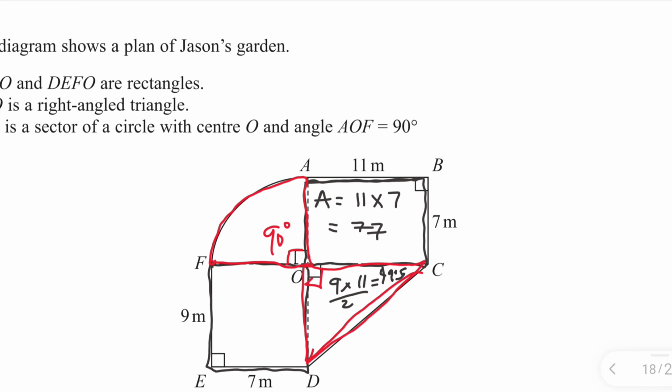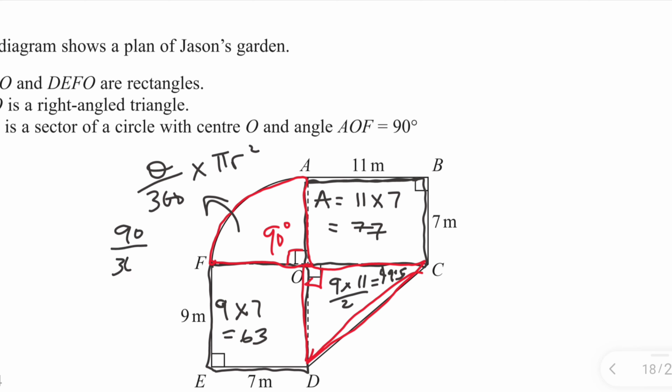And this is 9 times 7, which is 63. And for this, the area of a sector is theta over 360 times pi r squared. So theta is 90 over 360 times pi times the radius, which in this case is 7, squared. So that is just 49 pi over 4.